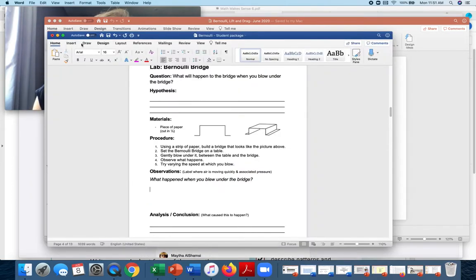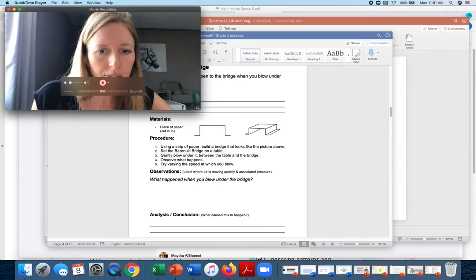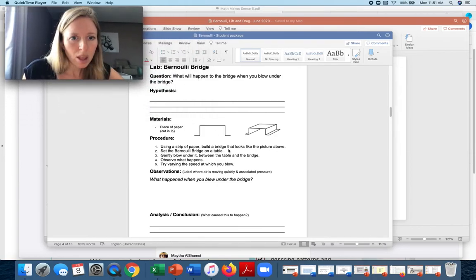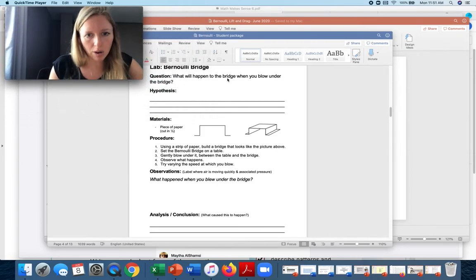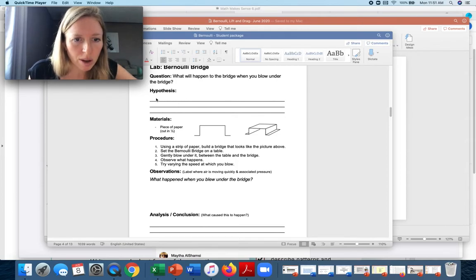I'm just going to show this. This is what you are going to have in Seesaw today. So I want you to write the hypothesis in. Then the procedure. Then observations: you need to draw the bridge again under here.